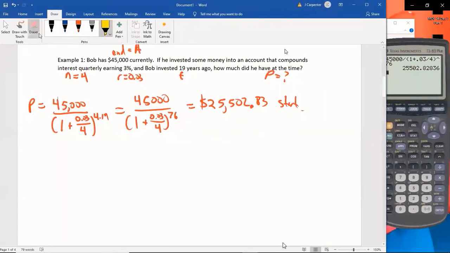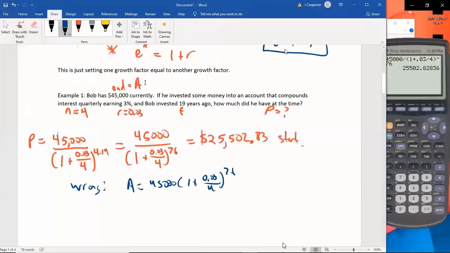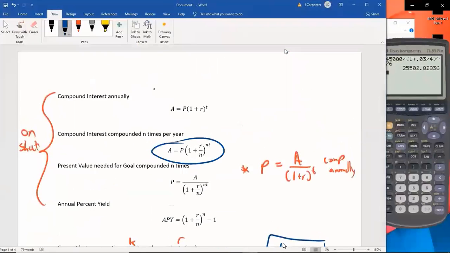So if I had done the wrong formula, I wish I'd done that in blue. If I had said, oh, well, let's go with A equals 45,000 parentheses 1 plus 0.03 over 4 raised to the 76 after we did all the math, that would have been plugging it into this formula.